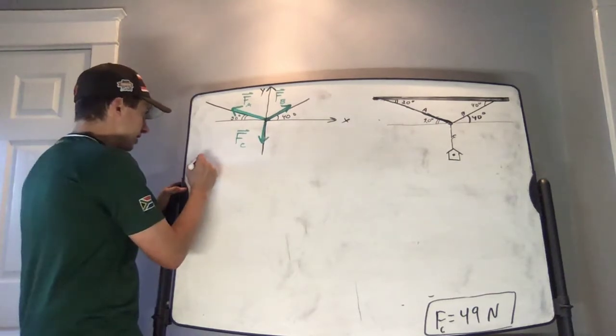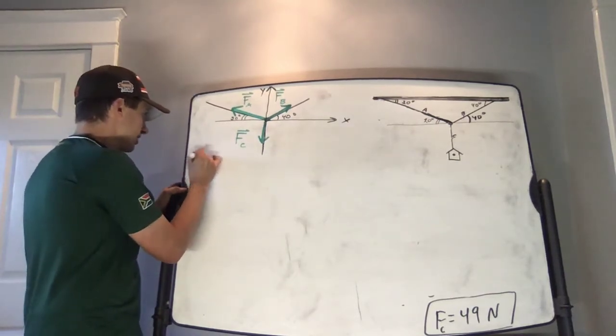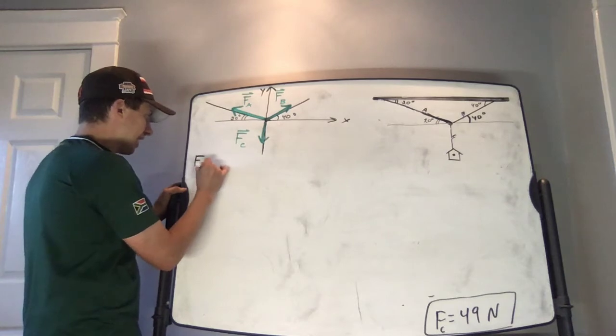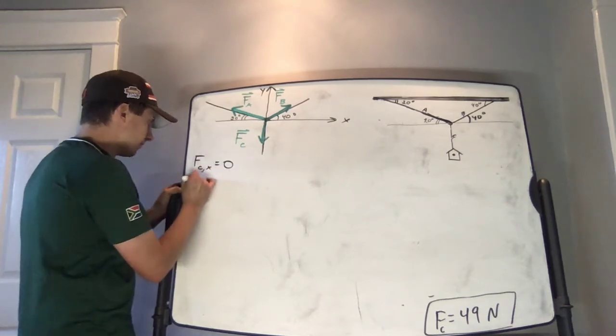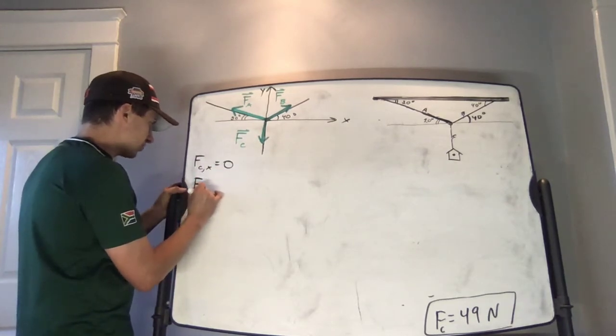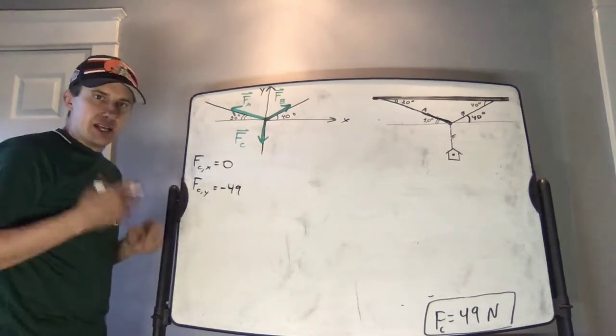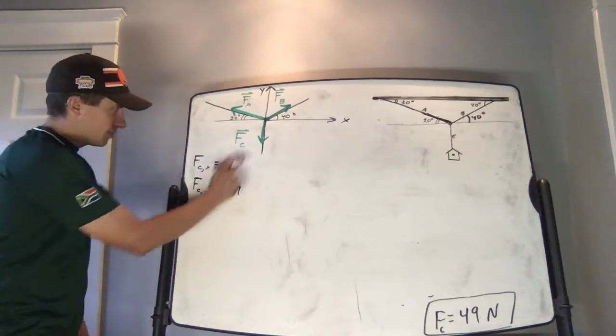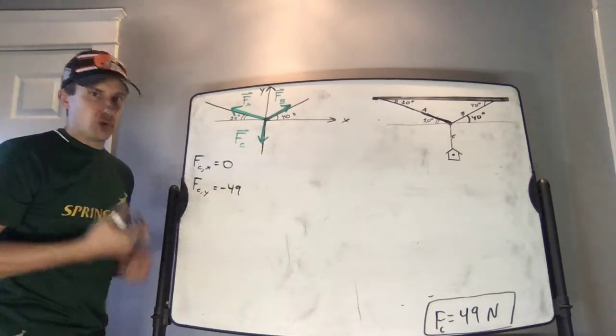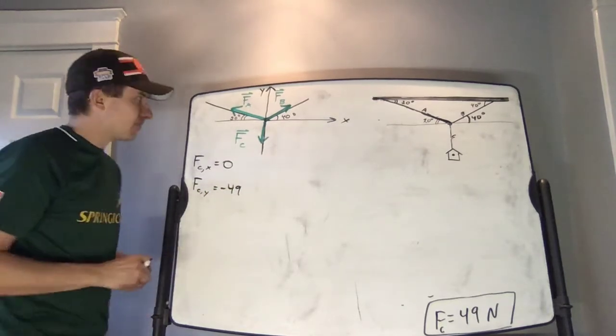So the force of tension in cable C in the X direction is 0. The force of tension in cable C in the Y direction is negative 49. This negative number is important because down means negative, and that is different from up.